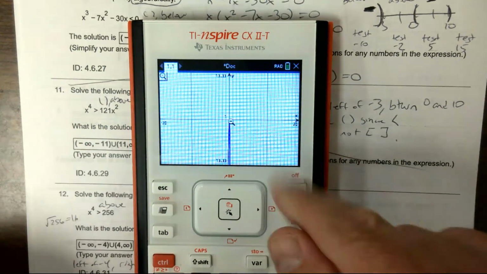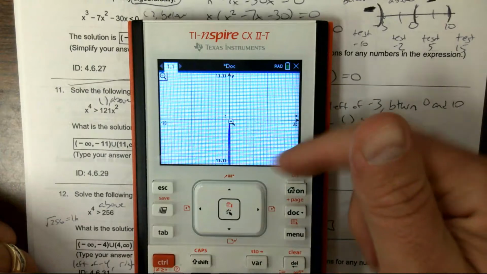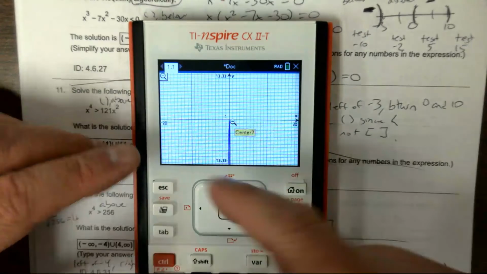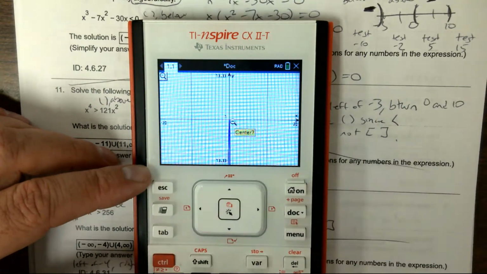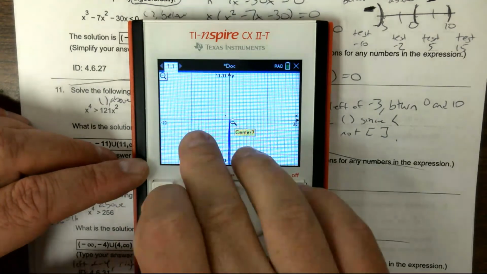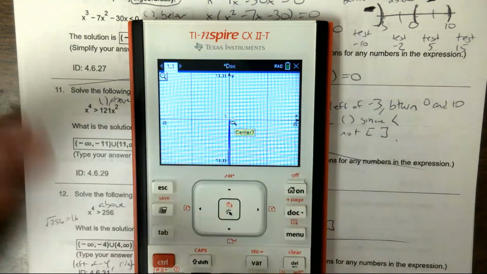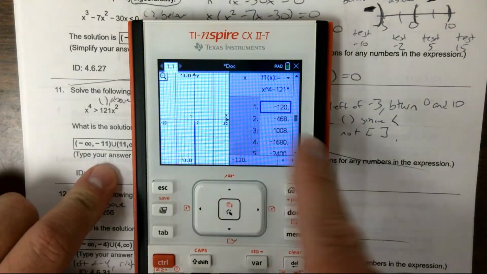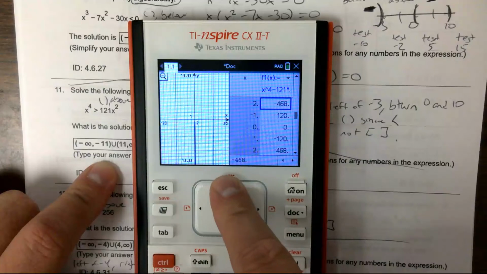And again, you might want to do menu 4a to see which side is down and which, like, is it increasing here or is it decreasing, like caving in? Or just use your table. There's a lot of different ways to do these.